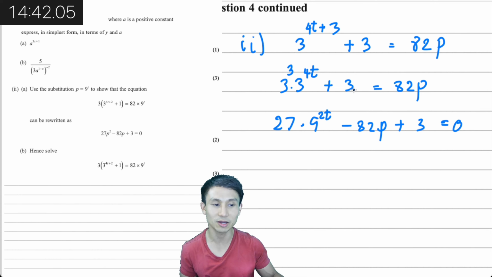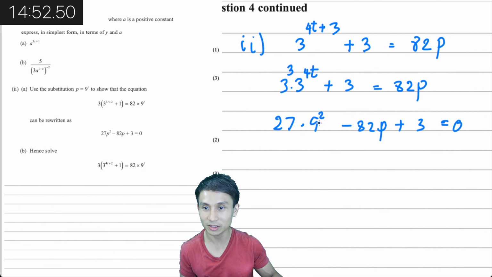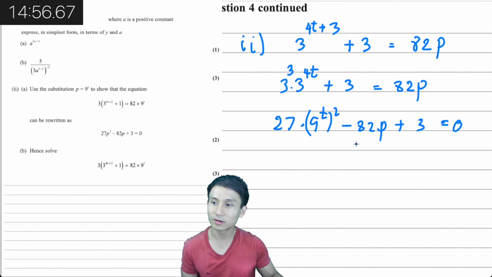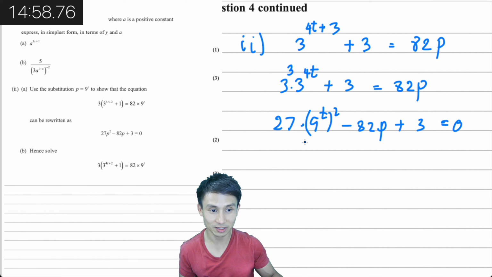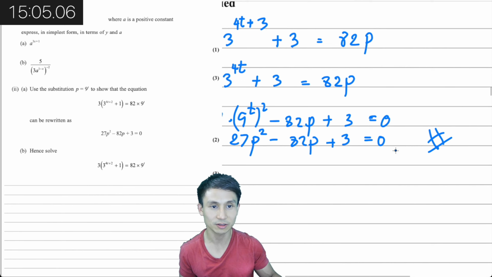Just tidying up there. 9 to the 2t is the same as 9 to the t and then to the power of 2, so that is p squared. So 27p squared minus 82p plus 3 equals 0, as required.